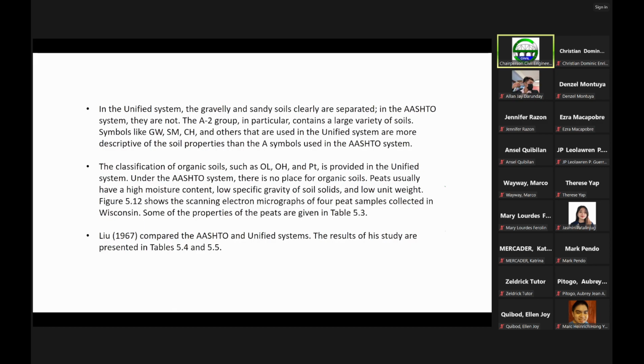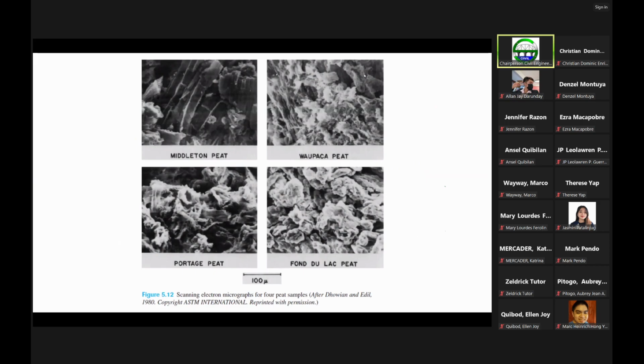Now with respect to organic soils, peats usually have a high moisture content, a low specific gravity of soil solids, and a low unit weight. Here we have examples of different types of peat materials.